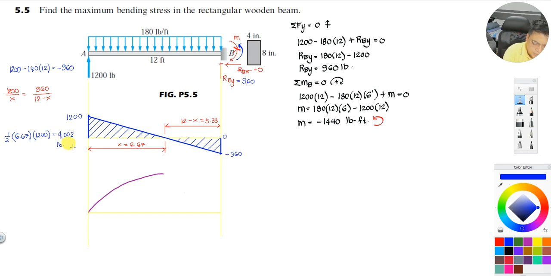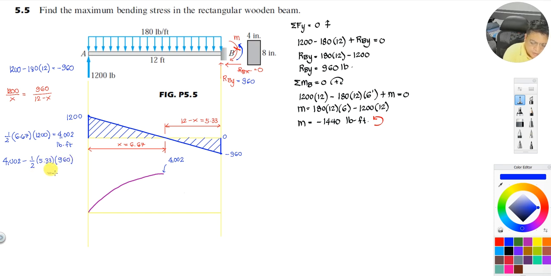Again, this is in pound foot. Okay? So, at that point, you can have it as 4,002. Okay? And then, ima-minus natin ano, kasi bababa tayo. So, ima-minus natin yung area nito. So, you can have it as 1/2 of 5.33 multiplied by 960.